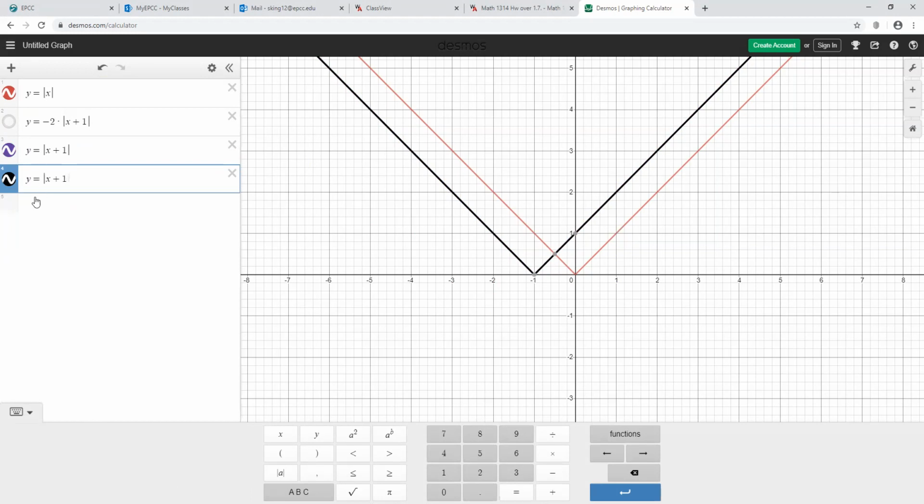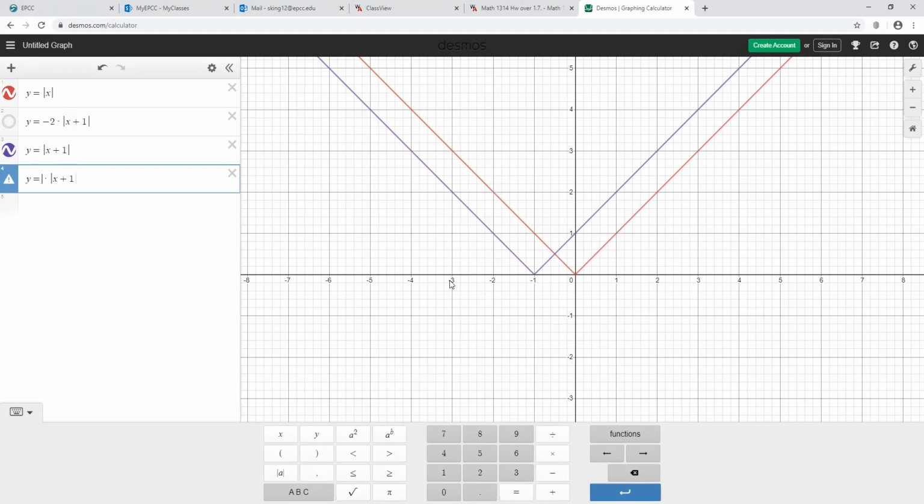So which one do you want to do, Griselda? The vertical stretch. So that's times what? 2. So what's going to happen to this purple graph if we now do the vertical stretch? Is it going to be down below yet? No. Are all these points on the purple graph going to stretch further away, aren't they?